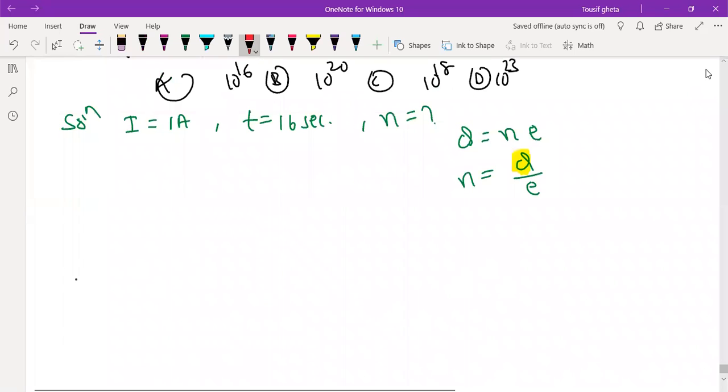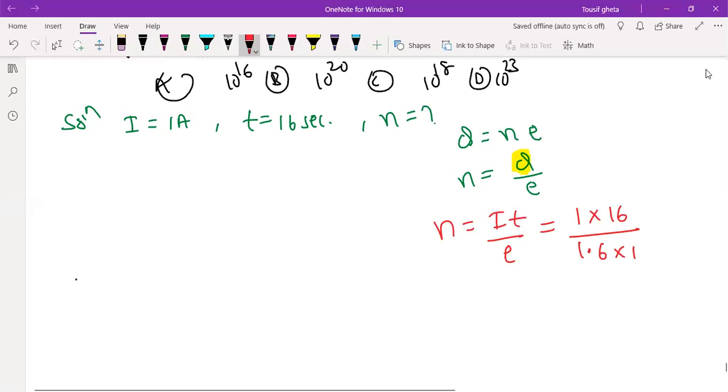So here what we will write, n is equal to, in place of Q, I will write IT divided by e. Now I they gave 1 ampere, time they gave 16 seconds, and you know, 1 electron is equal to, just now I told, 1.6 into 10 raised to minus 19.